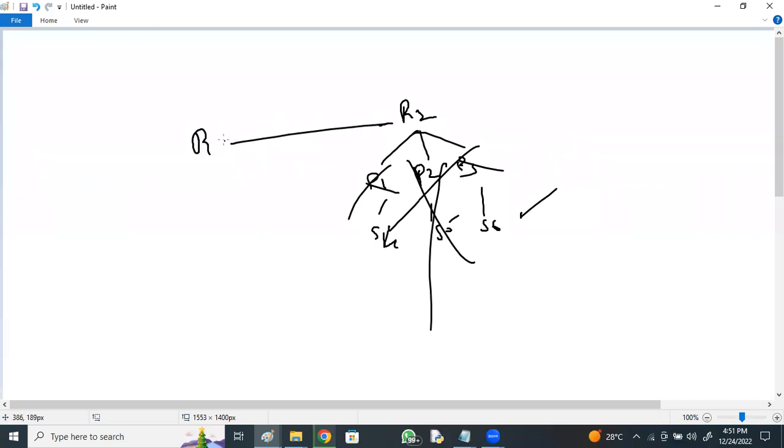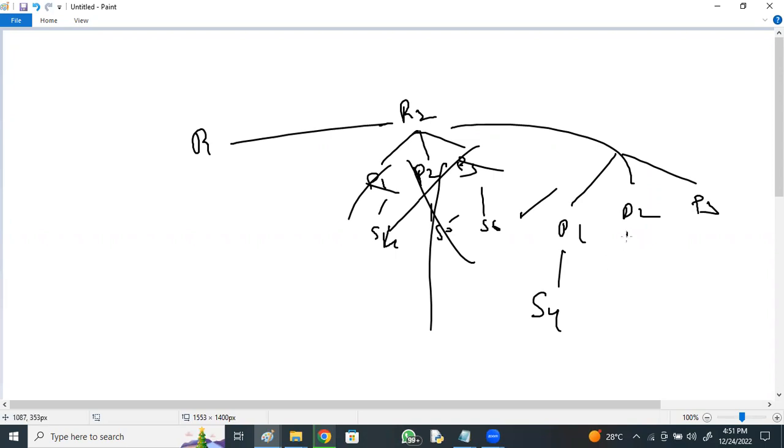R2 stores those three partitions, P1, P2, P3, collected from R1, and it will now store them in S4, S7, S6, different machines other than the machine which is down. Otherwise, it will take a total of 3 different machines.